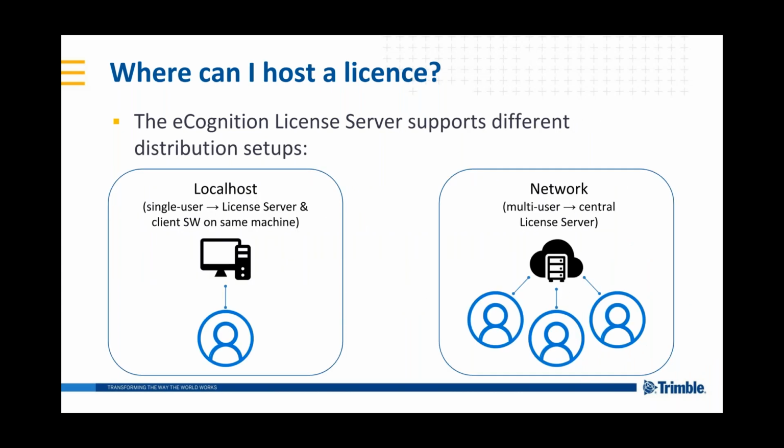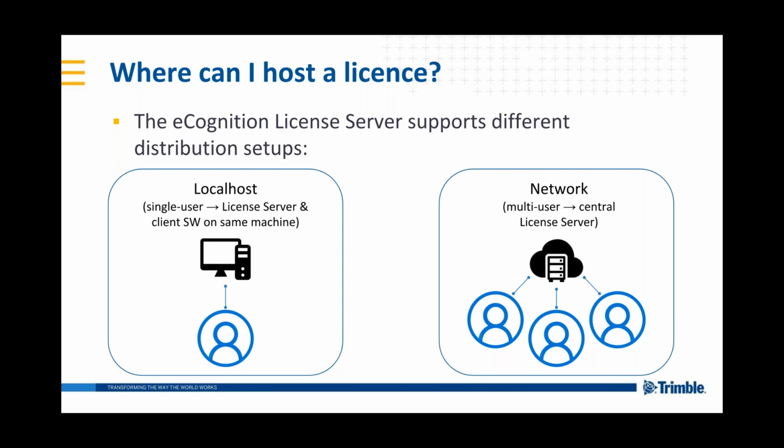So where can I host an eCognition license? The eCognition license server supports different distribution types. It's the same license for everybody. You can either install on a local host, so here, perfect single user environment. The license server and the client software can be installed on the same machine.